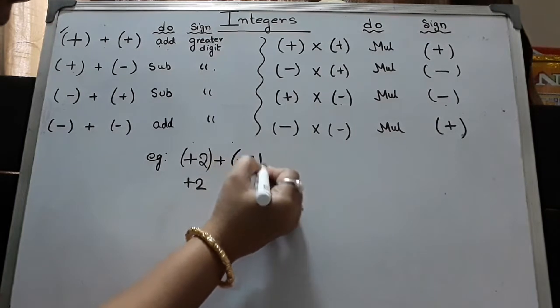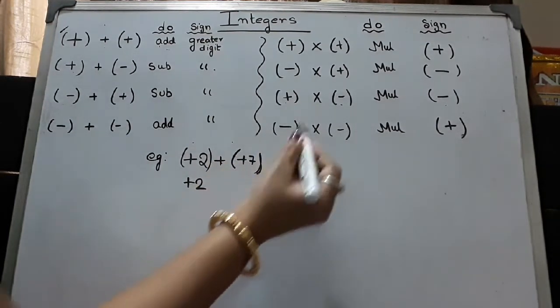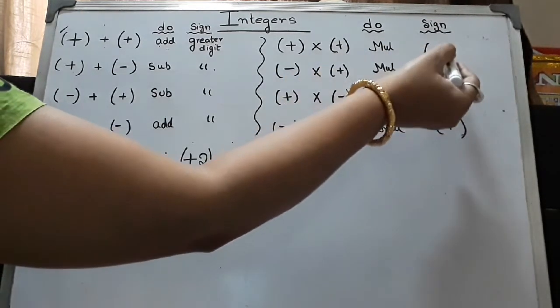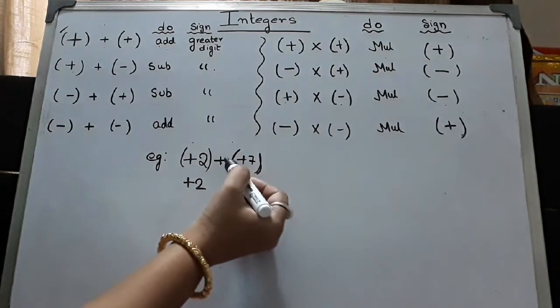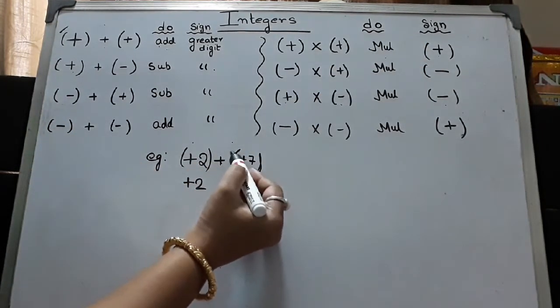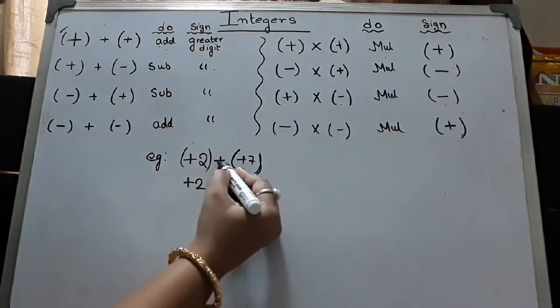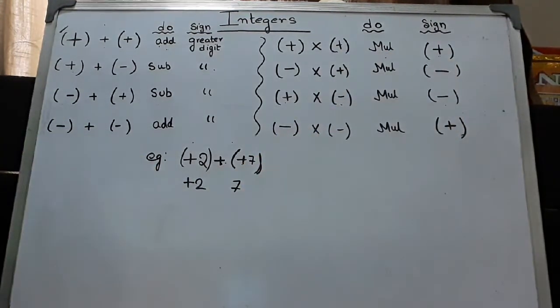See, bracket means multiplication. So plus into plus, you have to put the sign, because here you don't have to do anything, the numbers are not given. Here there is no number. If there would be any number, you can imagine here as 1. So 1 into 7 is 7, plus into plus. Plus into plus, you have to put the sign plus.